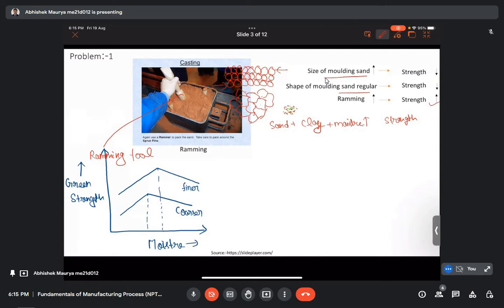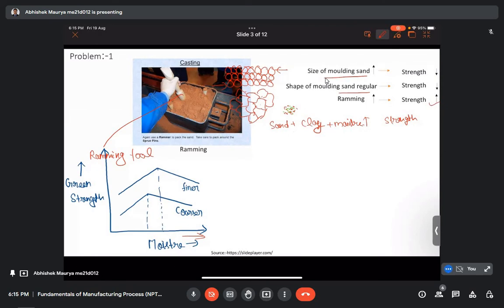Like here, on the x-axis we are increasing the percentage of moisture, and on the y-axis the strength. We can see that when we increase the moisture, the strength is increasing up to a certain point. But what after that?